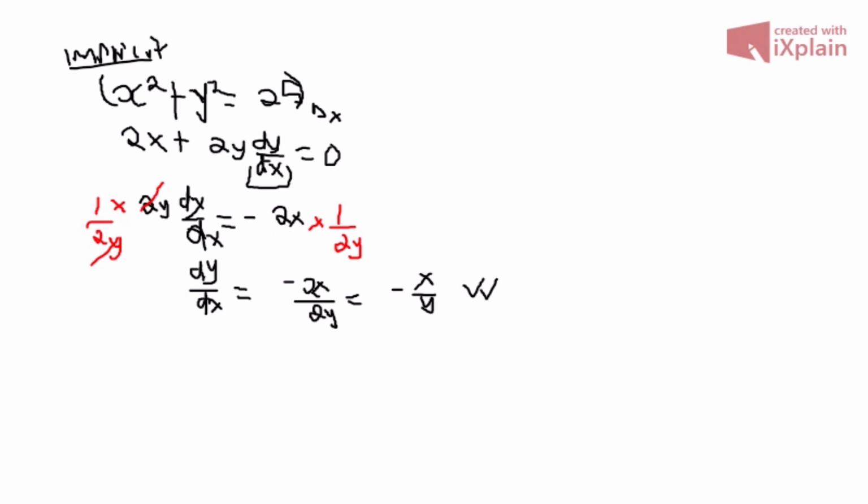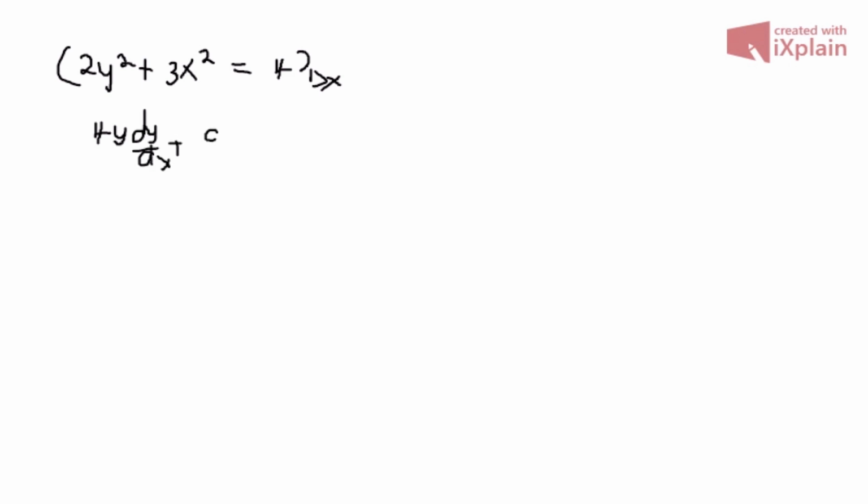Say you have something like 2y squared plus 3x squared equals 4. So we need to derive this. It's going to be 4y dy over dx plus 6x equals 0, because we don't derive the constant.